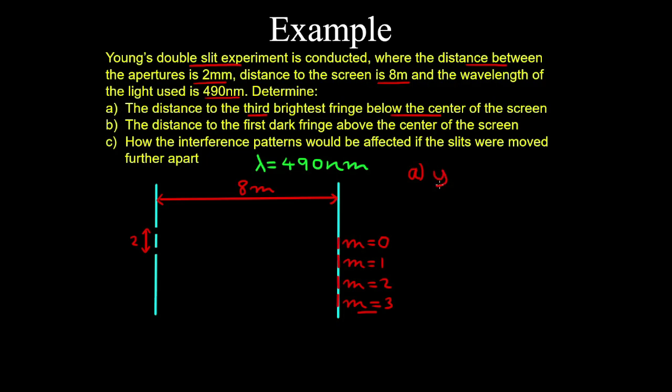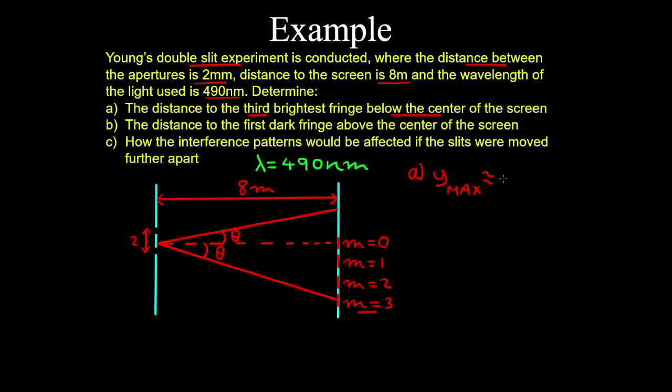So we recall our formula, Y max, which is measured from the middle between the slits to the point on the screen that we're looking at. So in this case, we're measuring theta to this fringe over here.